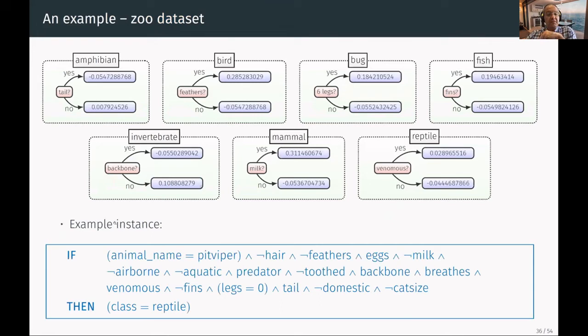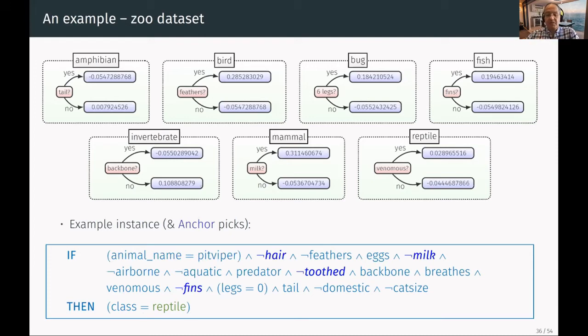And so as an example instance, if these features are true, then we are going to predict a reptile. Okay, again, how can we check this? It's easy, we just plug in the features here and see which of the trees gives me the highest score. And after this, we can run Anchor on the whole set, and it says that if not hair, not milk, not tooth, and not fins, then we should pick reptile.